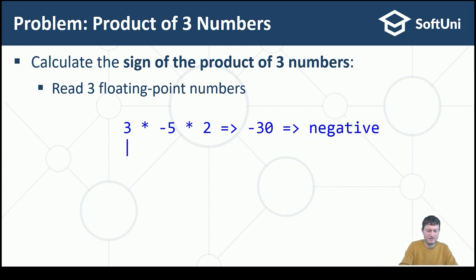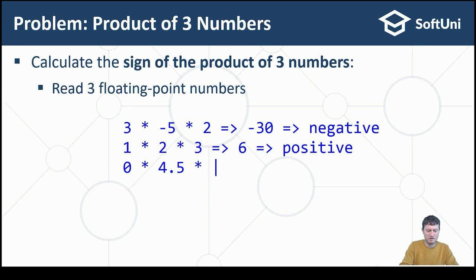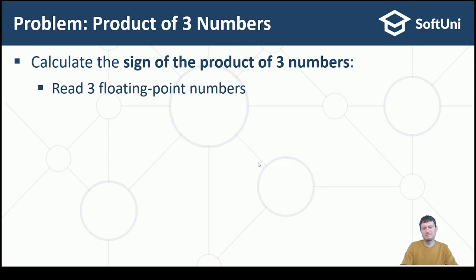So the sign is negative, right? And if we have 1 multiplied by 2 by 3, it is 6, and it is positive. And if we have 0 multiplied by 4.5 multiplied by 3, it's 0, and the sign is 0.